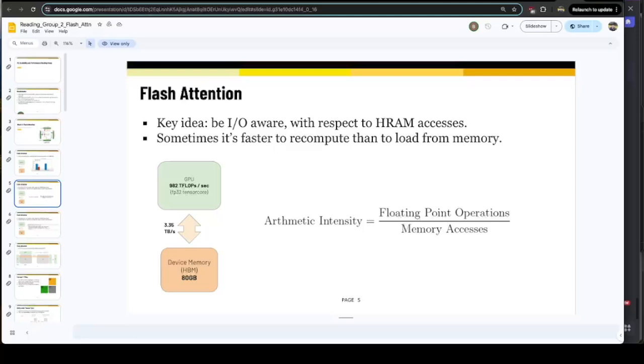These are the H100 numbers here, where you see about 3 terabytes per second of memory bandwidth, but almost 1,000 teraflops per second of tensor core compute, which means you really need to be judicious with your loads and avoid unnecessary saves. It loops back to the idea of arithmetic intensity, where the whole game is to reduce the number of memory accesses per floating point operation and crank that arithmetic intensity up until you're hopefully compute bound.